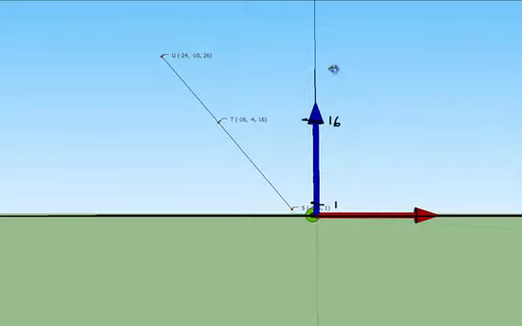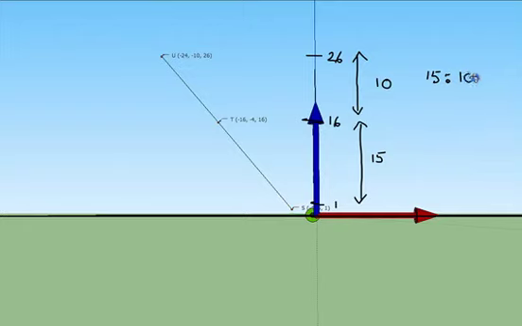And the height of the point U is 26. This distance is 15. This distance is 10. The ratio in which T divides SU is 15 to 10. Divide by 5, 3 to 2, yet again.